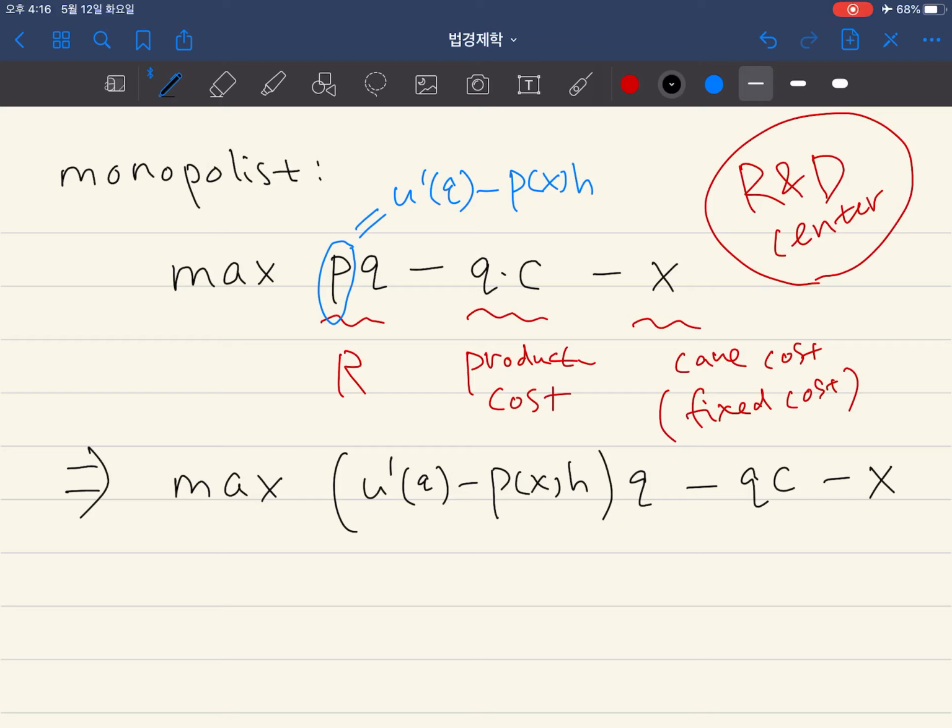So this monopolist has to choose optimal quality and optimal quantity to maximize its profit.